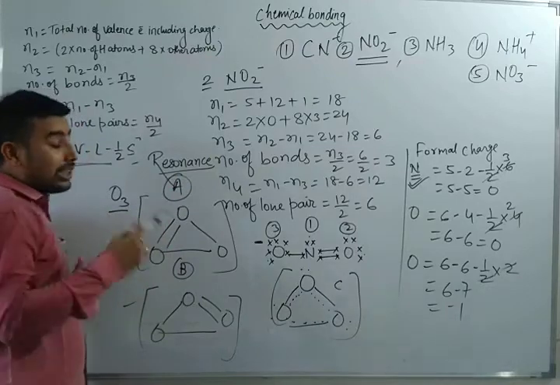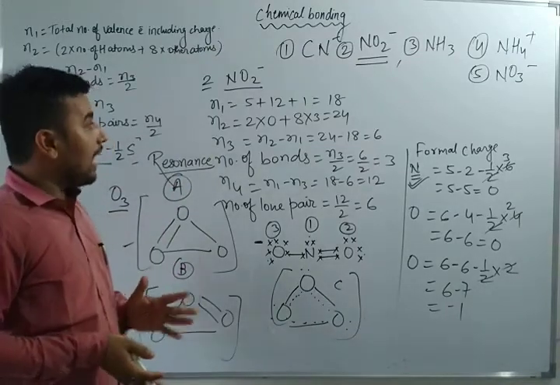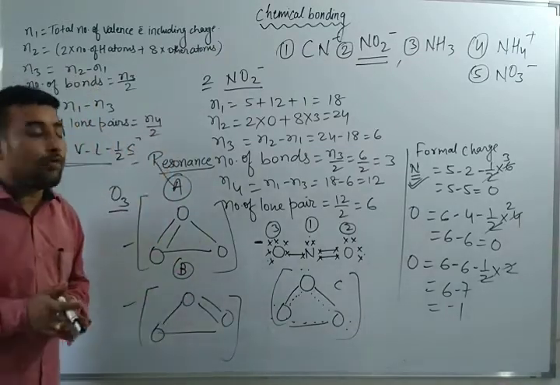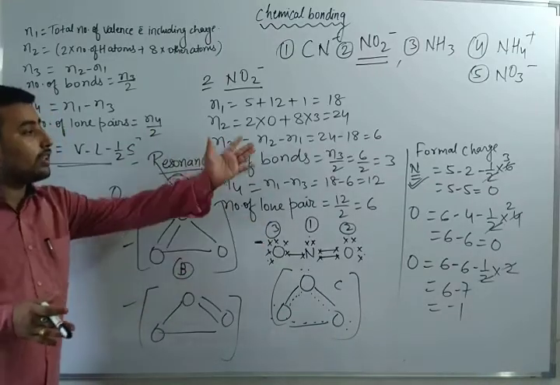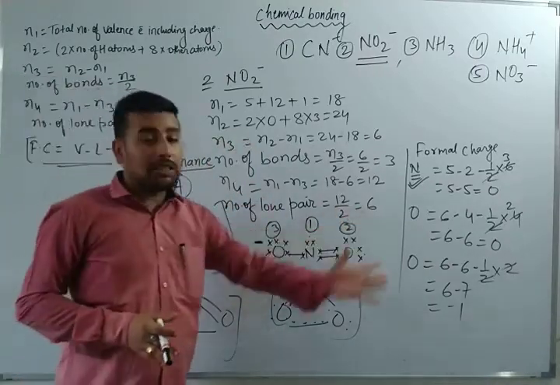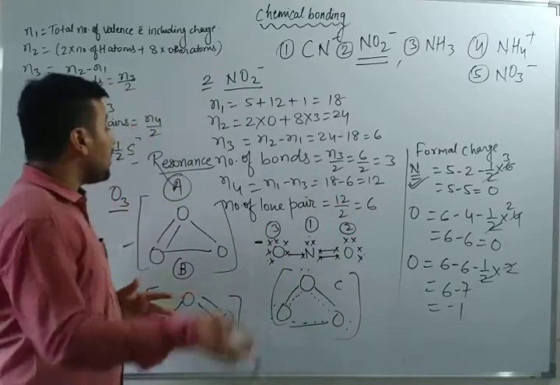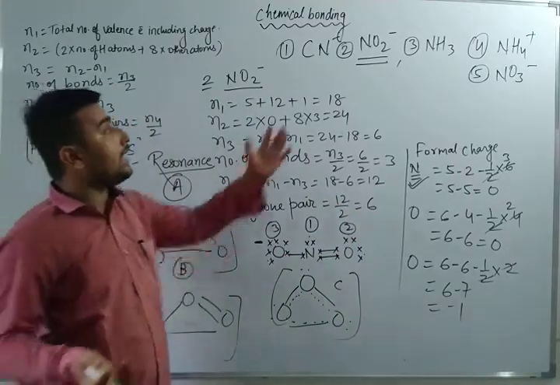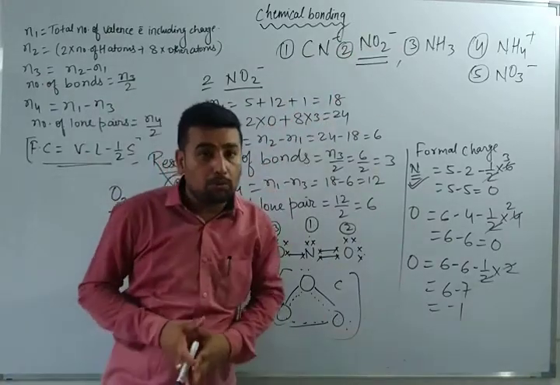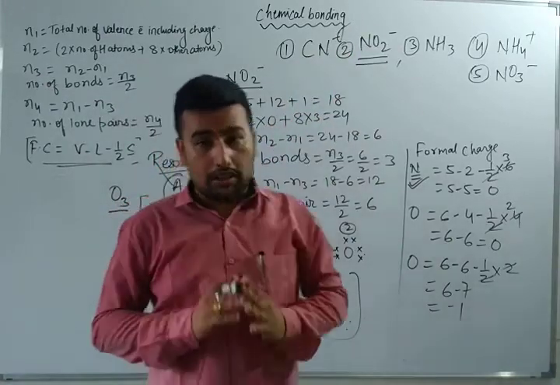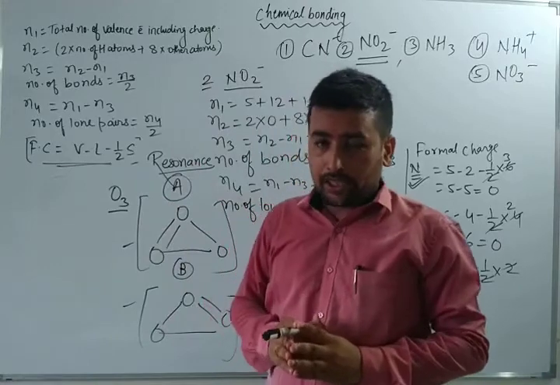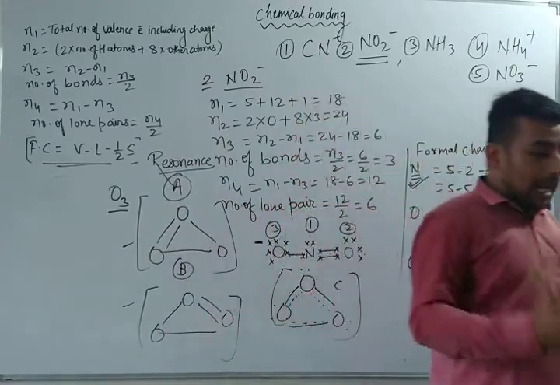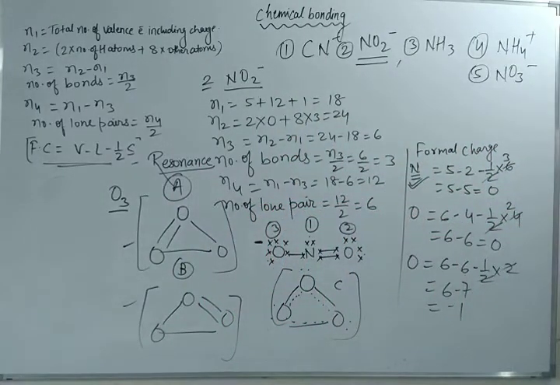I am talking about the number of possible structures. As you have seen how to draw the number of atoms, number of bonds, number of lone pairs, number of formal charges, similarly the number of possible structures of any molecule, atom or compound is called resonance. Got it? So let's draw the resonating structures of an atom or a compound, right?